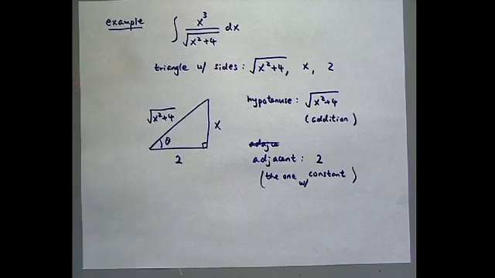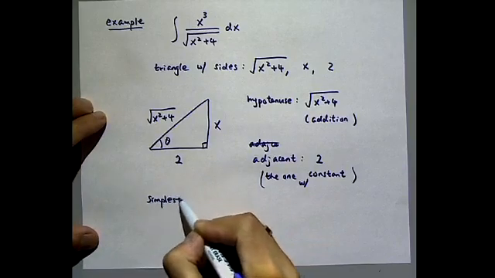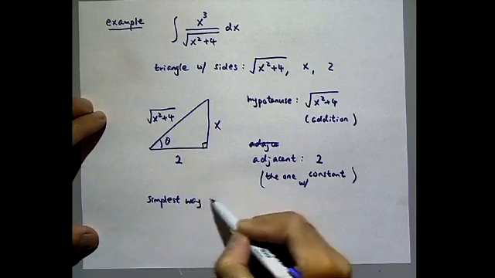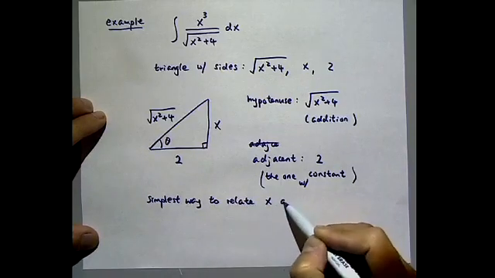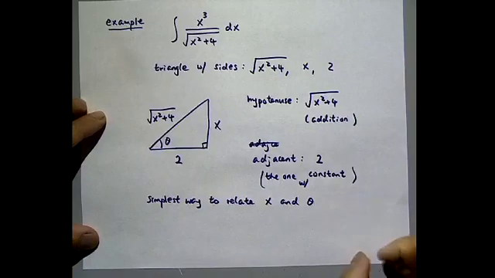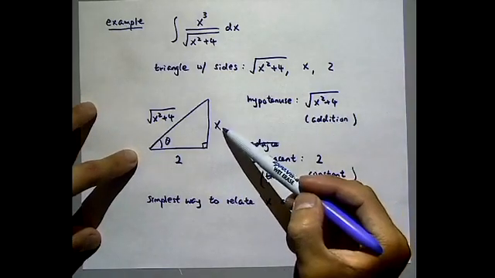What's the next step? The simplest way to relate x and theta. Looking at the triangle, we're going to work with the opposite and the adjacent.